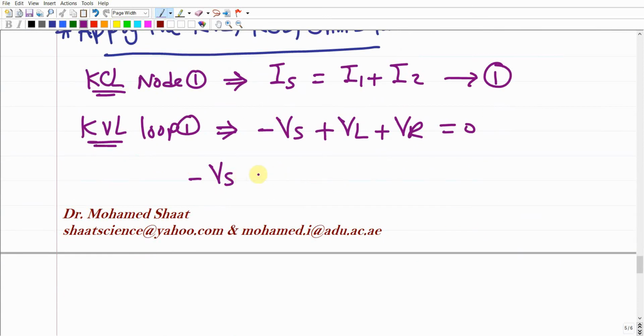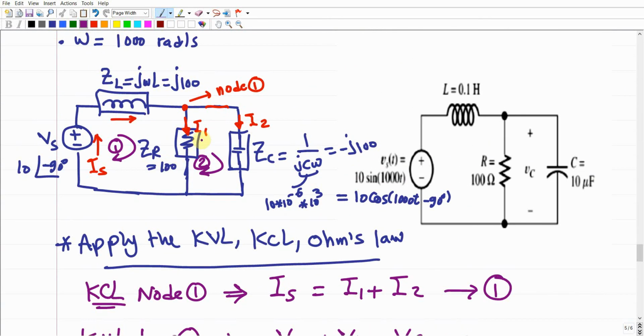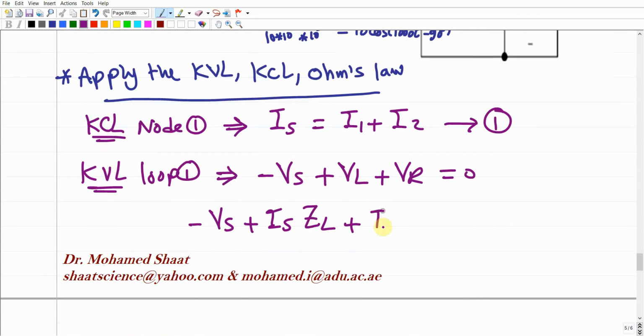So this gives us plus IS times ZL, this is VL, plus the voltage over VR. How much is the current over VR? It is I1. So it's going to be I1 times ZR, like it is a resistance, equals 0. And this gives us the second equation.